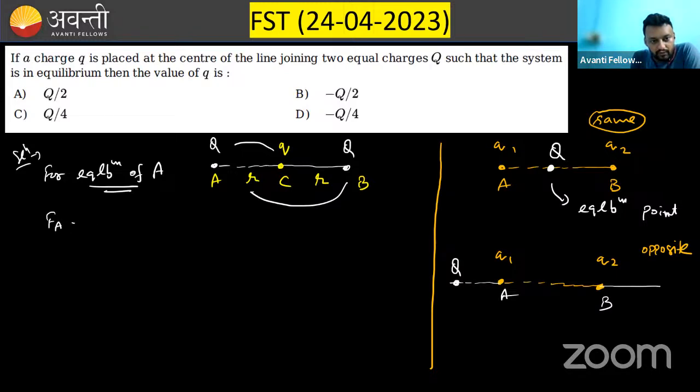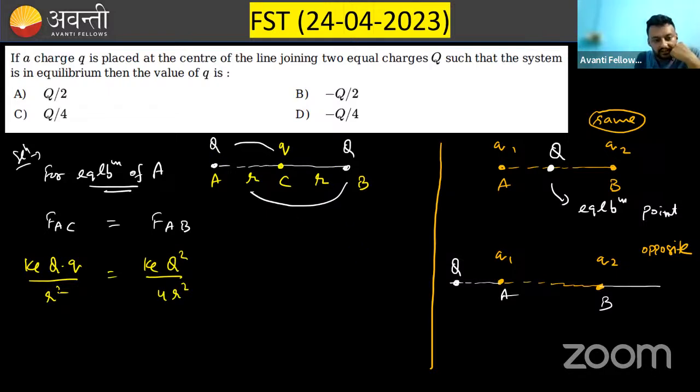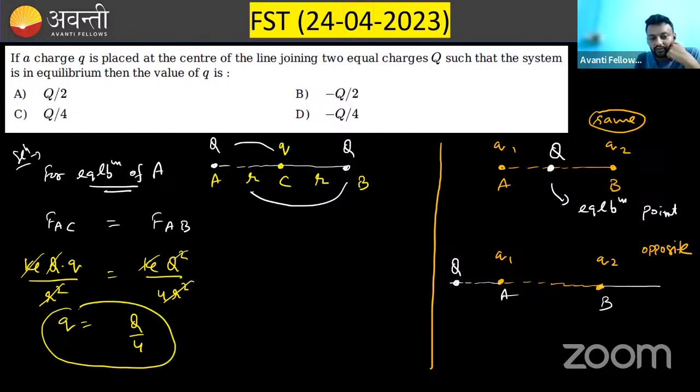The force at A due to C should be equal to the force at A due to B. Using the relation, Ke Q into q divided by r square is equal to Ke Q square by 4r square. Why 4r square? The separation between A and B is 2r. Now things can be cancelled: Ke with Ke, and capital Q with the square. So q will become Q by 4. This is just the magnitude of the charge.